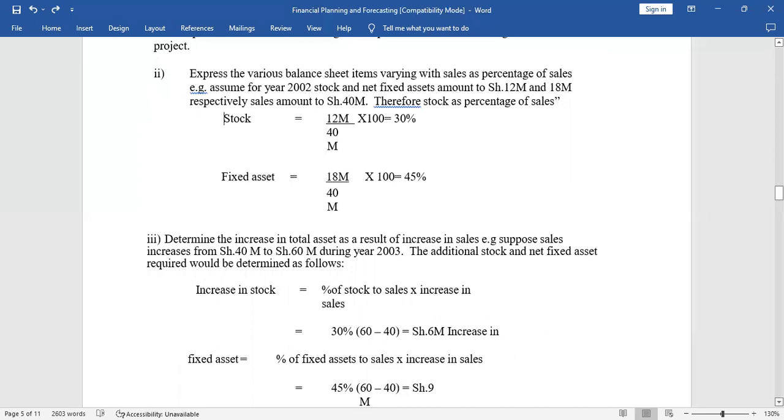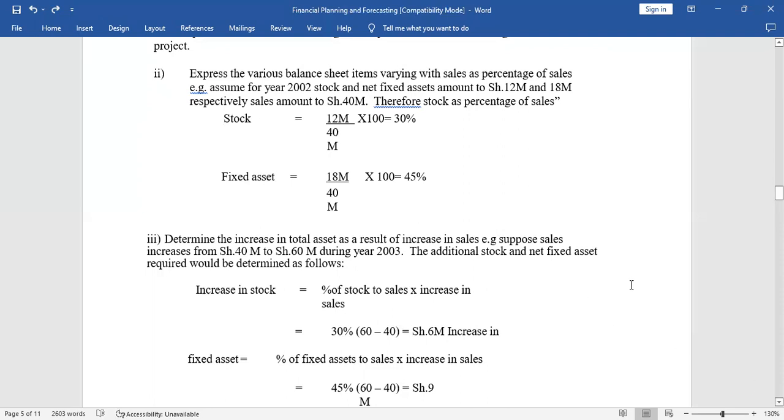Now, suppose in our case, number 2, where our stock and fixed assets were 12 million and 18 million, suppose sales increased from 40 million to 60 million. What will be the ripple effect? It means the additional stock and the net fixed assets would also be affected.